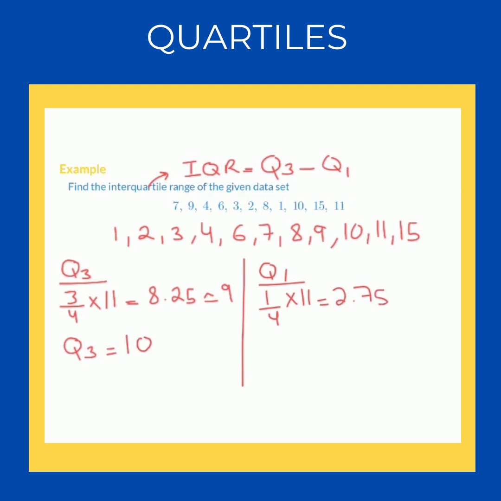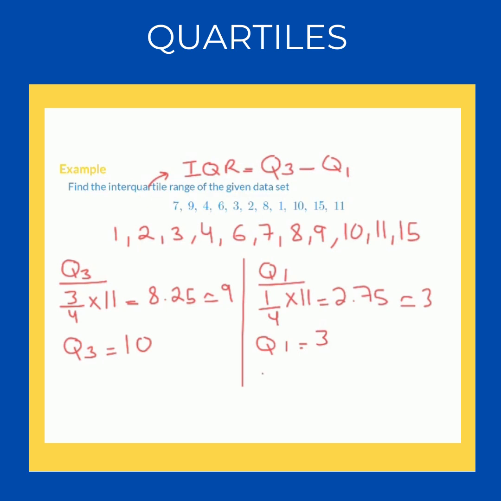Now, since the answer is not a whole number, then I have to round up to 3. So Q1 is equal to the third term. So this is the first, this is the second, and this is the third. So Q1 is equal to 3.